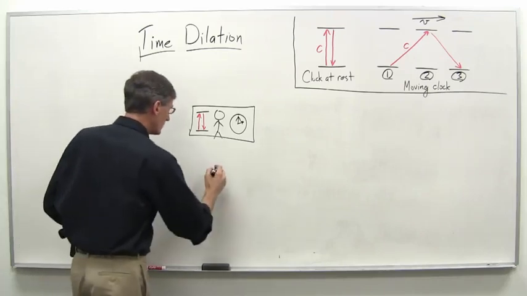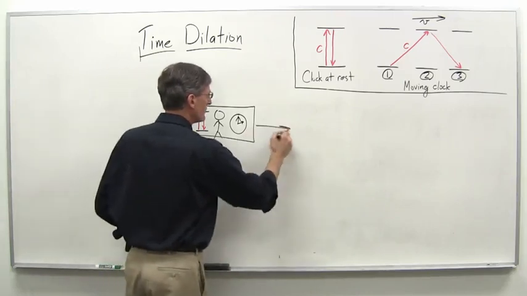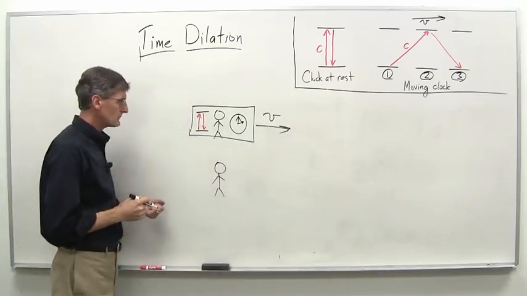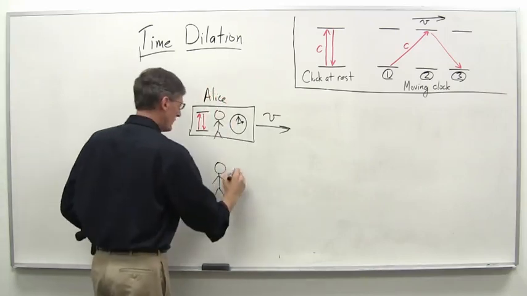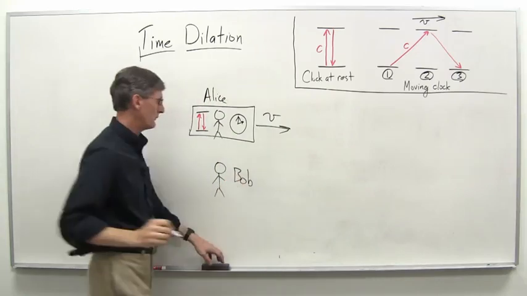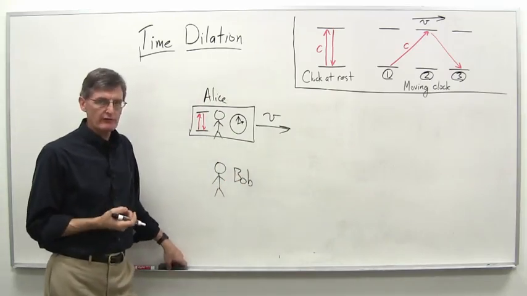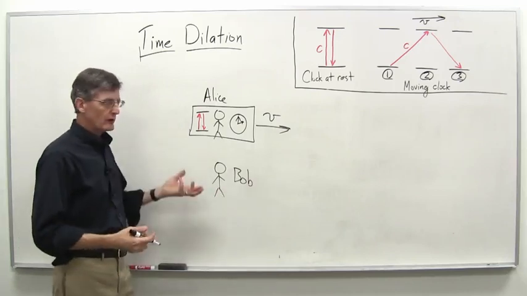And then we have Bob out here, of course, observing. And Alice is moving with some velocity v, some high velocity v. So we'll say this is Alice, Bob observing. Okay. So let's say Bob takes a series of photographs. Again, going back to our photo principle of what's going on.